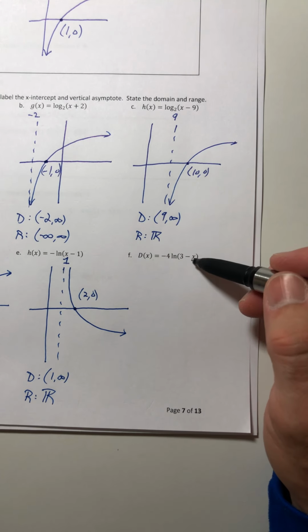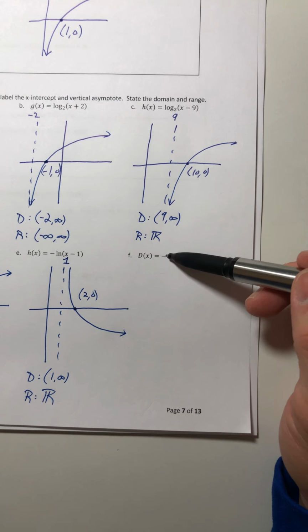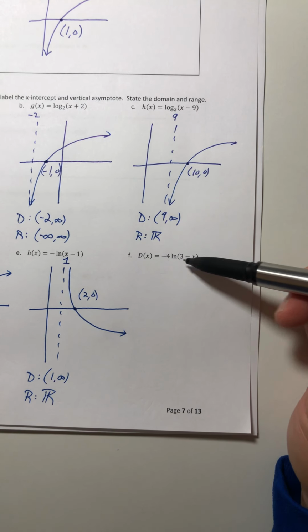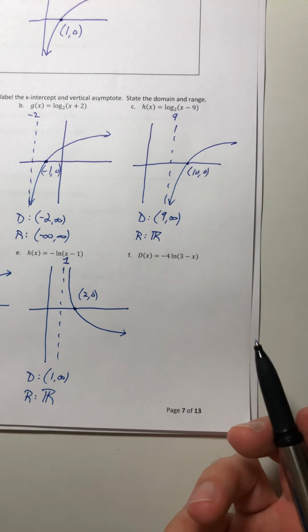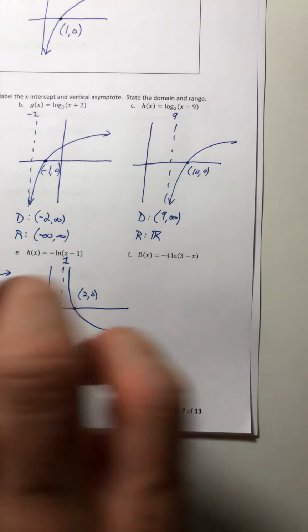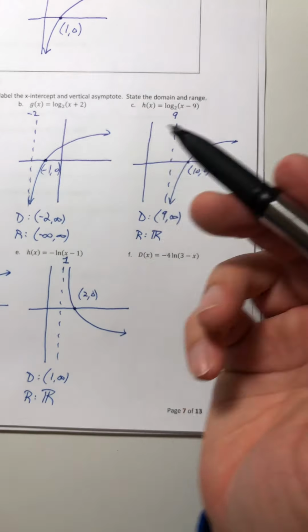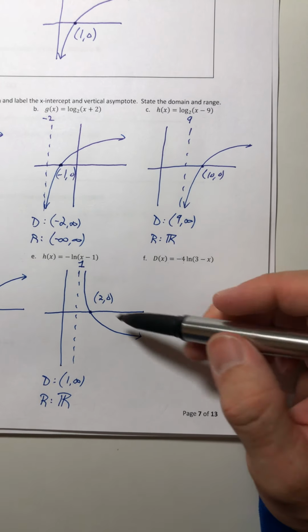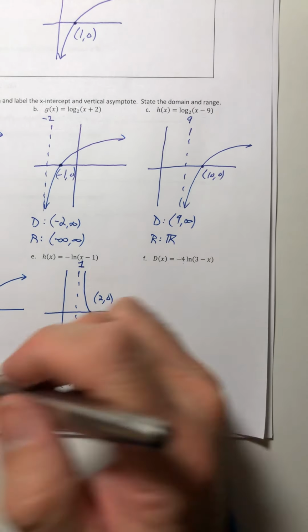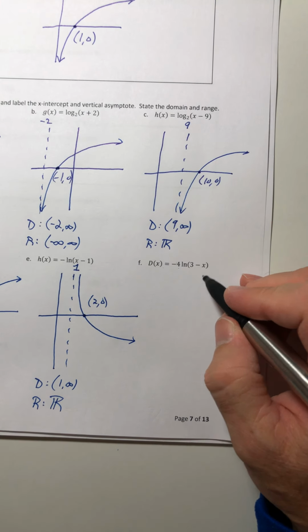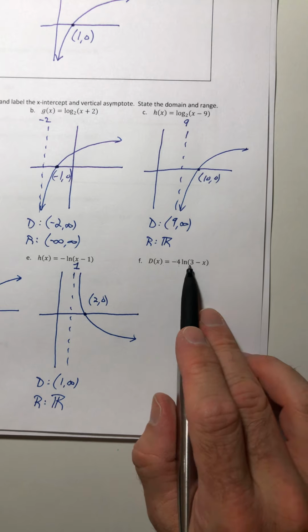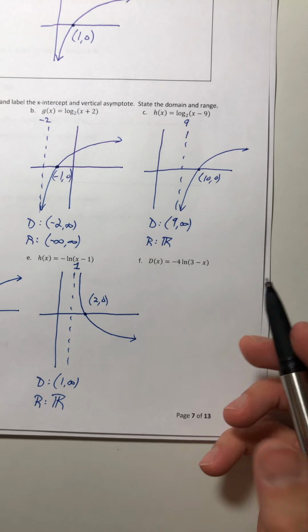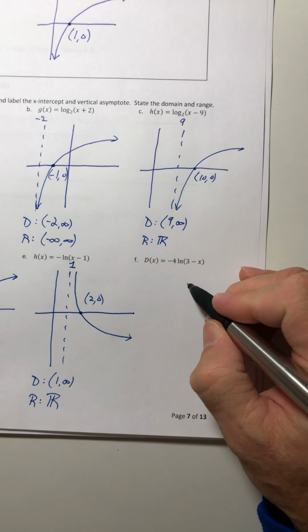All right, so now this last one, it's got a negative in front of the function, so it's going to be upside down. But now the x is negative. So when the x is negative, it flips it over the y, and so it starts to point in the opposite direction. So instead of going off to the right, now it's going to go off to the left. And we're shifting it over, so what makes this 0? That would be a positive 3.